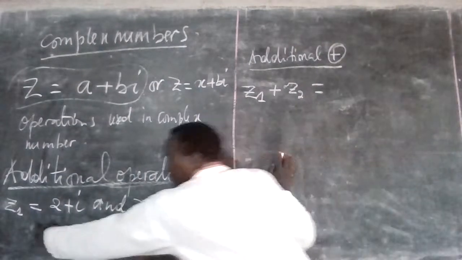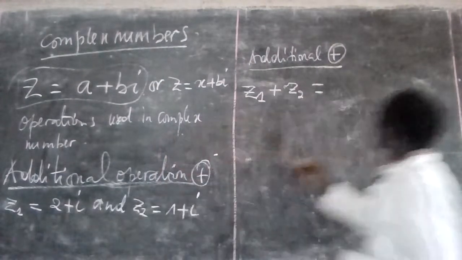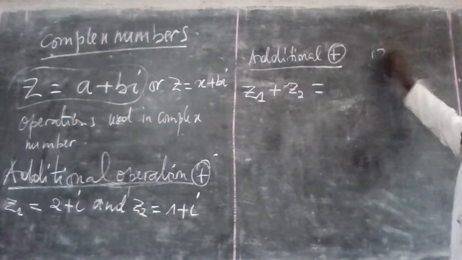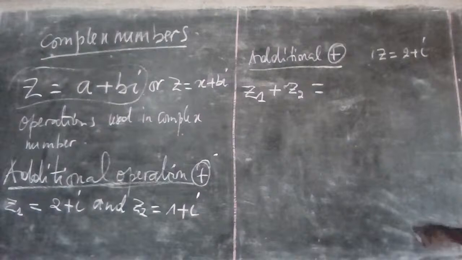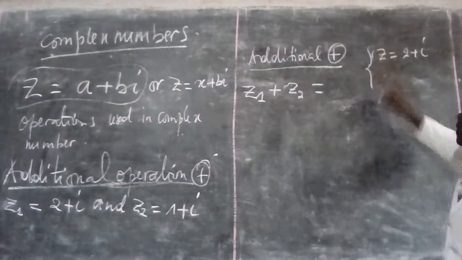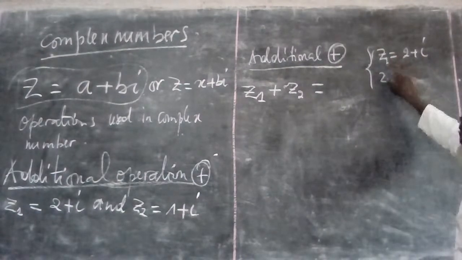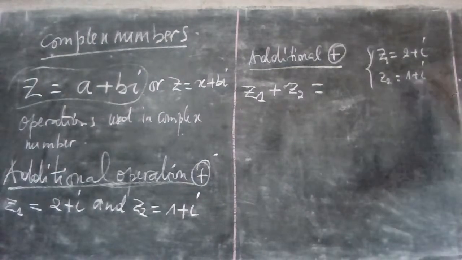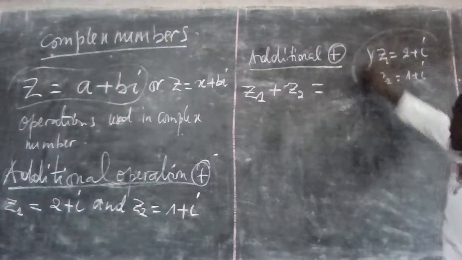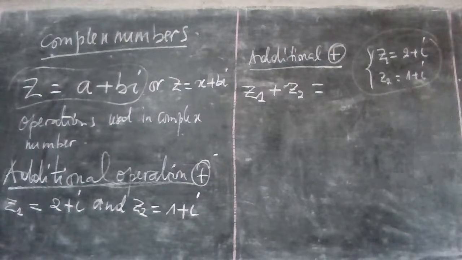Remember, at the beginning I told you we have, for example, z1, which is 2 plus i, and z2, which is 1 plus i. Now, how should we add those two complex numbers?